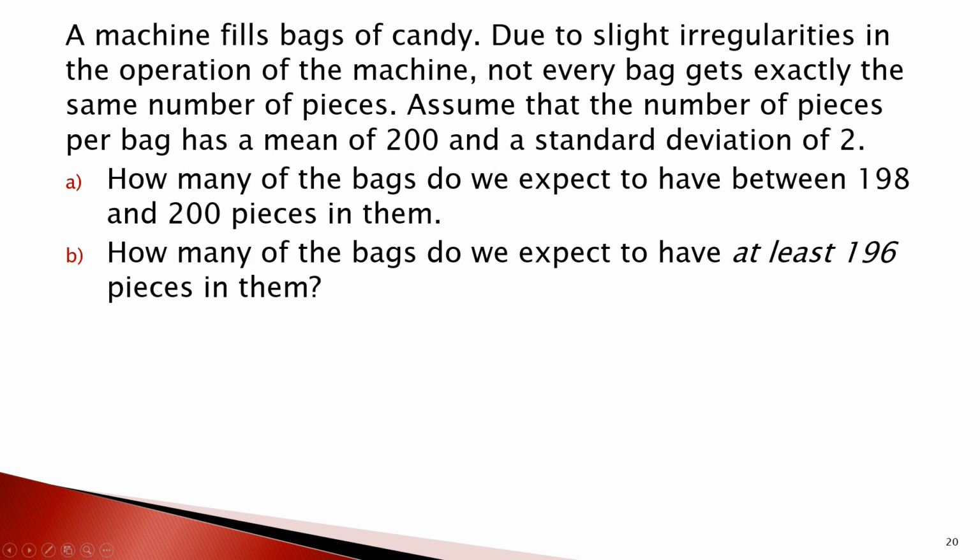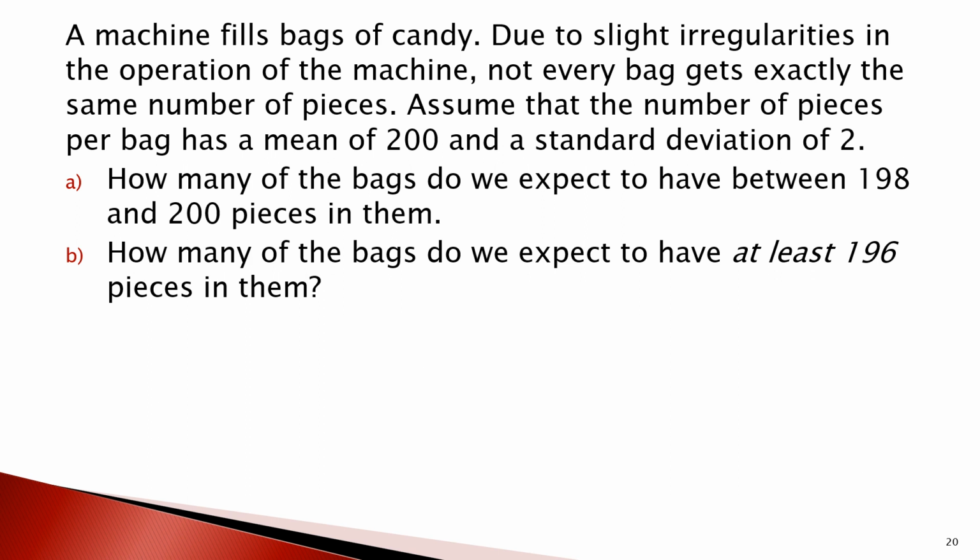All right, so let's say they assume that the number of pieces per bag has a mean of 200 and standard deviation of 2. Okay, since the standard deviation is 2, guys, we know that sometimes the machine is going to put less than 200, sometimes more than 200. Okay, but how do we quantify it?